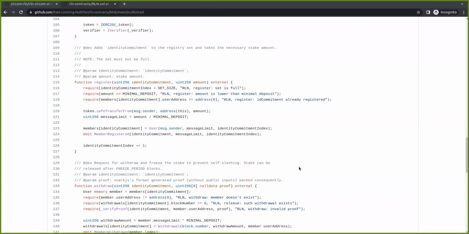And for sending messages, you are using the circuit. Okay. So then you would need the circuit in order to send the message. Yeah, and to withdraw also. To withdraw, but to register in the system, you don't need any.